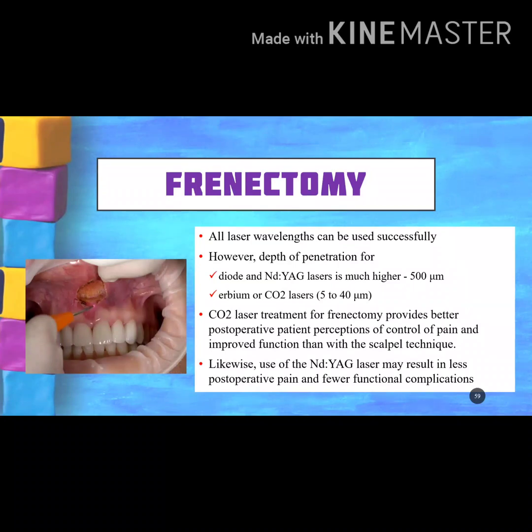Carbon dioxide laser treatment for frenectomy provides better post-operative patient perception for control of pain and improved function than with the scalpel technique. And Nd:YAG laser may result in less post-operative pain and fewer functional complications.